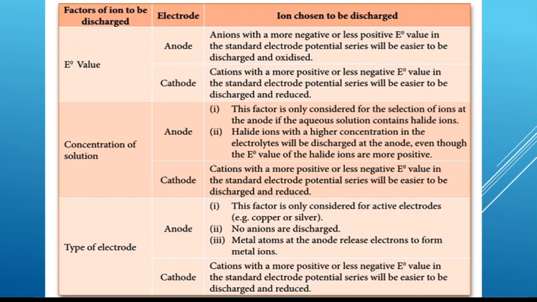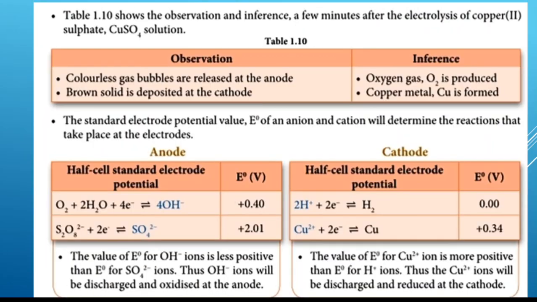So, apa dia punya syarat tadi? Cation with a more positive value will be discharged. More positive will be discharged. So, mana yang lebih positif? This one or this one? Ini kan? So, kita pilih Cu lah. Cu yang kita pilih untuk di-discharge. Because of the value, dia more positive. So, the Cu2 plus will be discharged or reduced at the cathode.